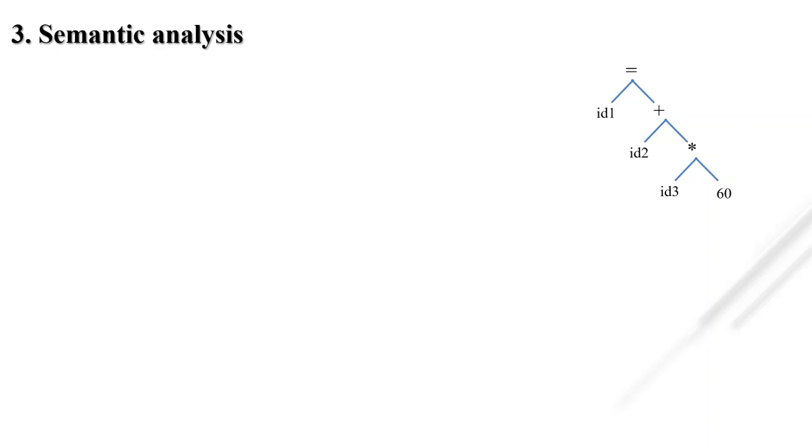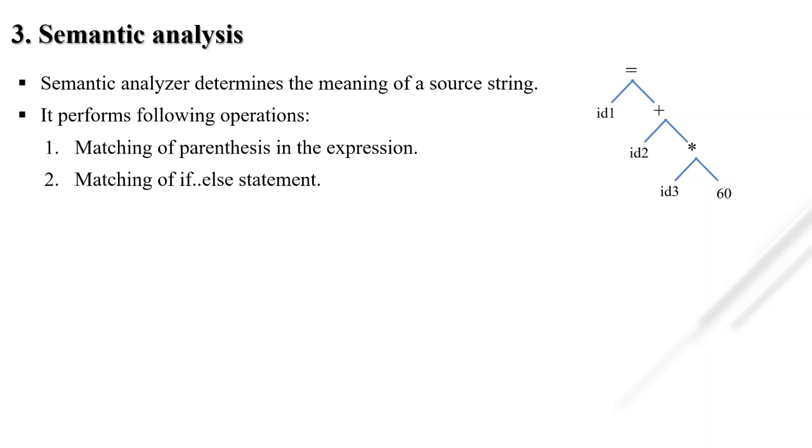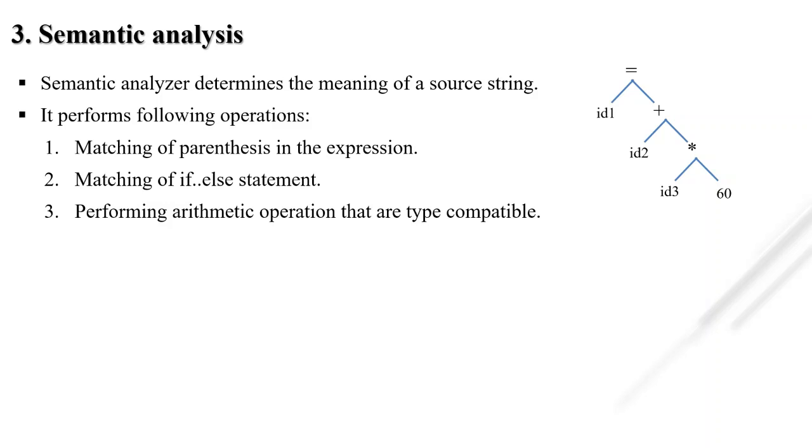Next phase is semantic analysis. It determines the meaning of a source string. It checks whether the expression has matching parentheses or not. If an if-else is not in the proper place, then this analysis will detect the error and report it to the user. Then type compatibility is also checked.